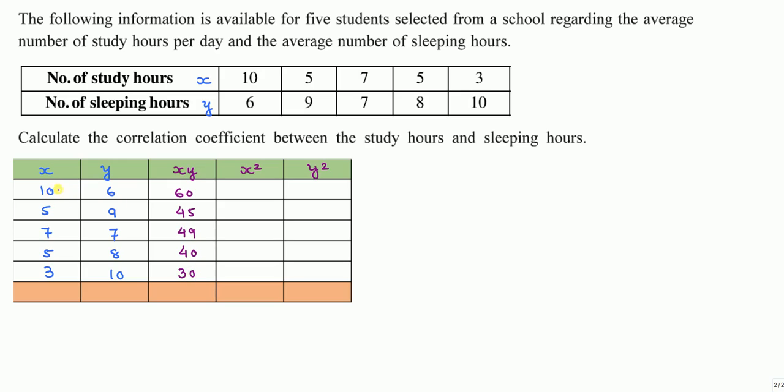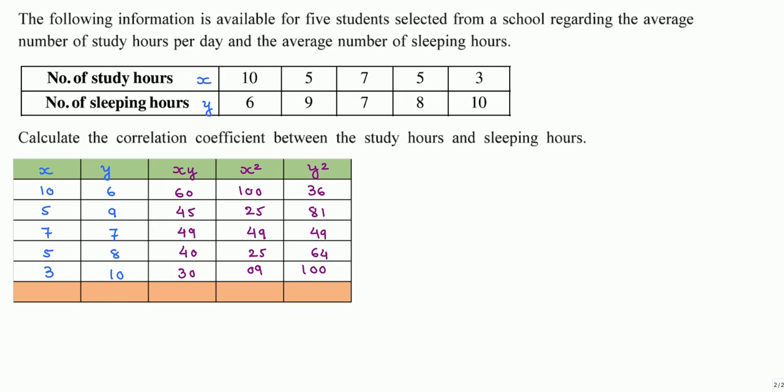Now x square: squaring x, 10 square is 100, 5 square 25, 7 square 49, 5 square 25 and 3 square 9. Then squaring y, 6 square is 36, 9 square is 81, 7 square is 49, 8 square is 64, and in last it is 100.